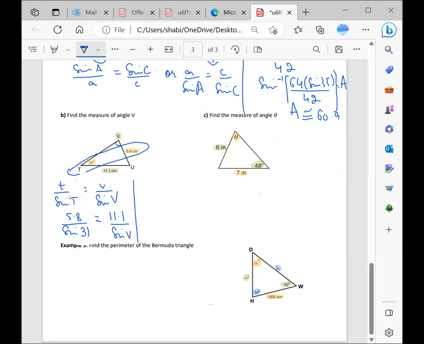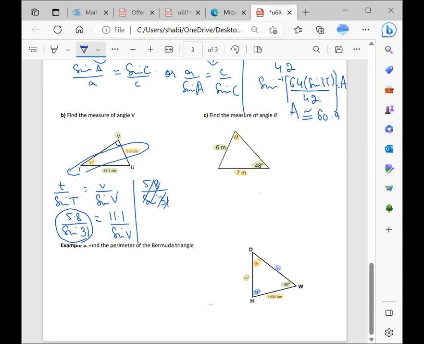Now, further, because I have to find sine V, I'm going to cross multiply it. So it will become 5.8 over sine 31. It would be better if you simply solve this term in your calculator first.